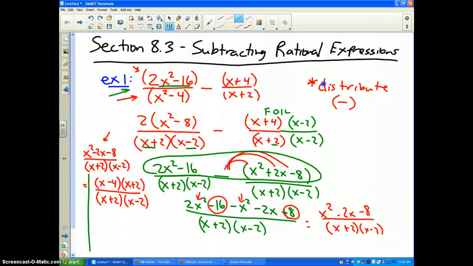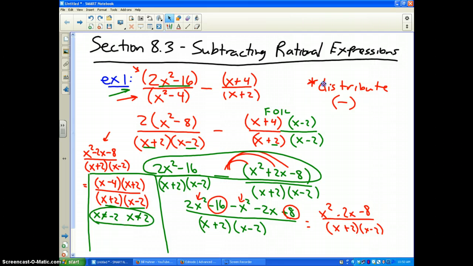I'm going to write this in the green box, x cannot be negative 2 for this piece, x cannot be positive 2 for that piece. And finally, now I can reduce. I got an x plus 2 on top and bottom, which leaves me a final answer of x minus 4 divided by x minus 2, where x cannot be negative 2 or positive 2. And there you go, people. That's subtraction.